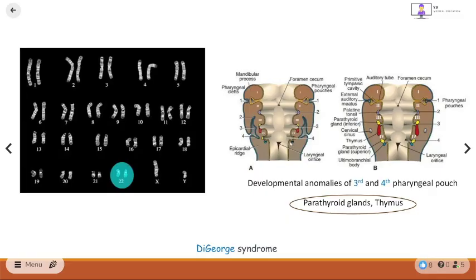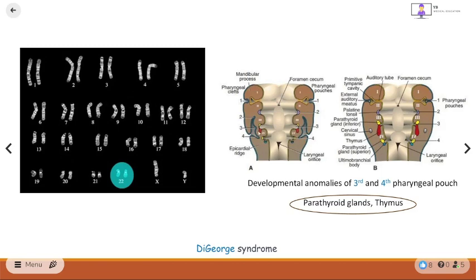Let me talk about DiGeorge syndrome quickly here. If you see, these are the pharyngeal arches, basically the pouches of the endoderm that we talked about, and the ectoderm that is located in the neck. The third and fourth pharyngeal pouches are basically absent in patients with DiGeorge syndrome. The way I like to remember it: DiGeorge, so you have 2 pouches missing, third and fourth pharyngeal pouch, okay? If you guys remember, the fourth pharyngeal pouch gives rise to the ultimobranchial body.